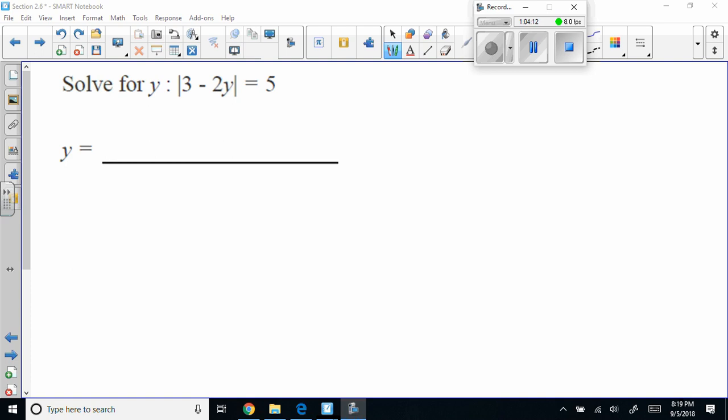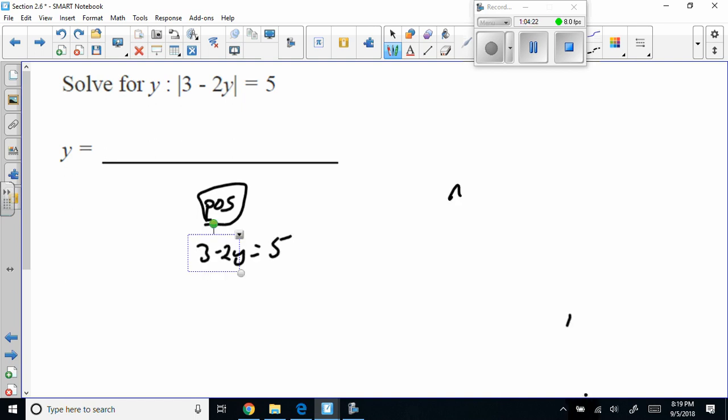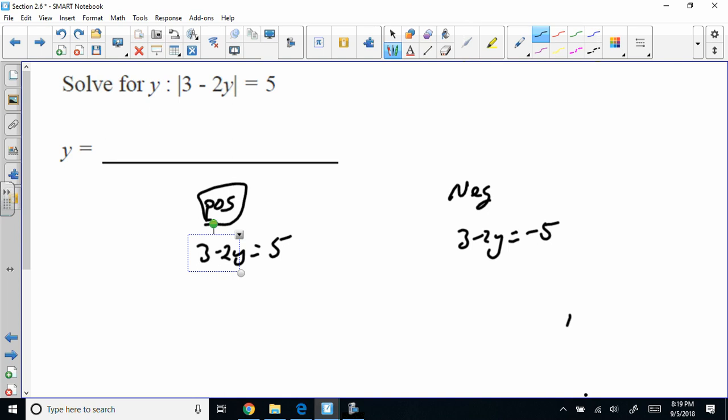Did you write your positive and negative? Your positive comes out and looks exactly like it. And then the negative is the absolute value with the right side being multiplied by negative, and in doing that, it left me with the 5 being a -5. So -2y equals 2.